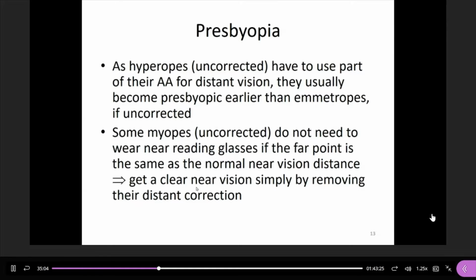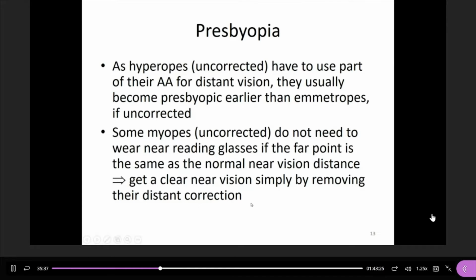So when you have myopia uncorrected and you look at near objects, if the far point is at the plane where you're looking, then you get perfect vision without using much accommodation. As you can see here, you can get a clear vision simply by removing your distant spectacle or distant correction. Then you can see the near objects very clearly.